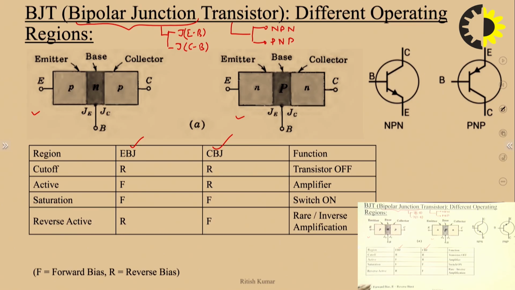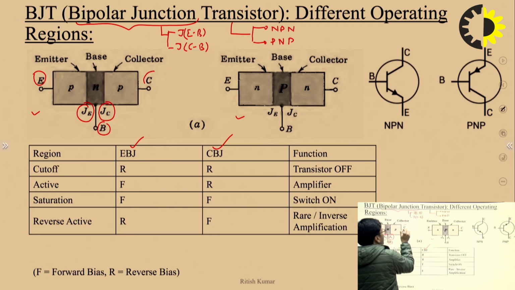This is the emitter, this is the base, this is the collector. The junction between emitter and base is represented by JE, and the junction between base and collector, the collector base junction, is represented by JC. Emitter is represented by E, collector by C, and base by B.